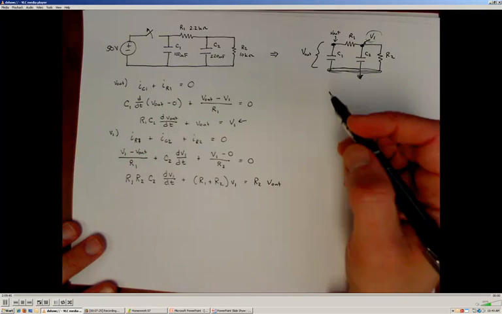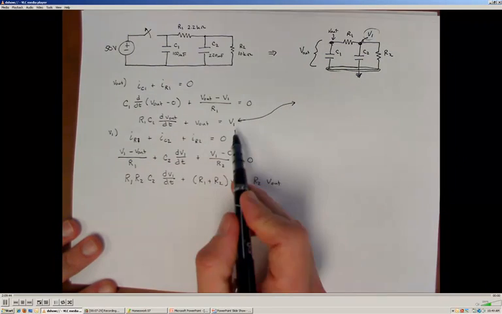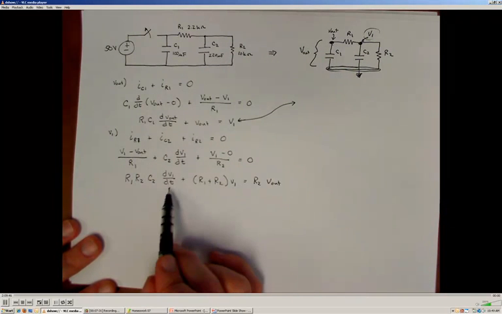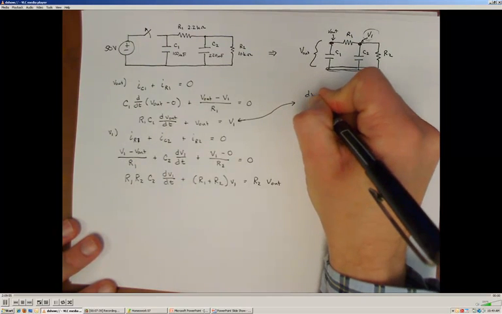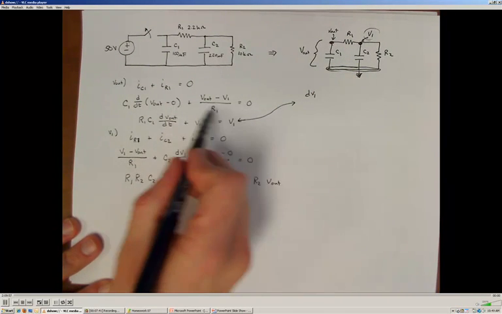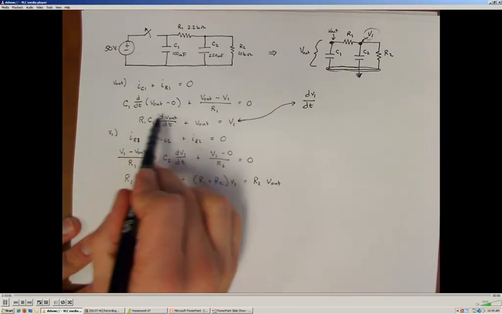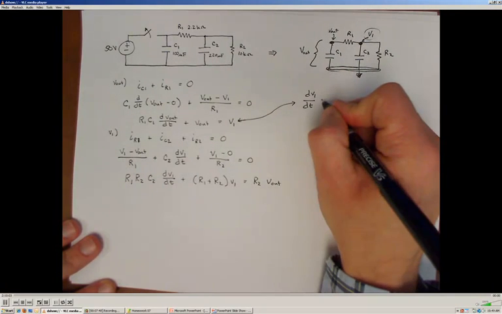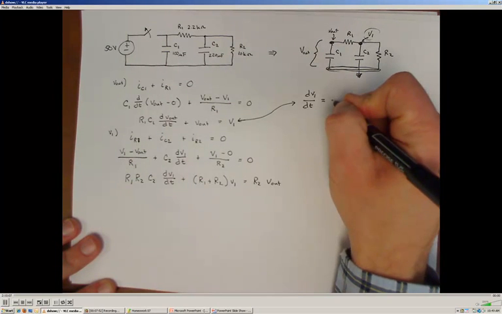First of all, I recognize that I'm going to have to substitute not only V1, but the derivative of V1 with respect to time back into this equation. So the first thing I'm going to do is take the derivative of this equation right here. Since R1 and C1 are both constants, I'll get a second order derivative here.